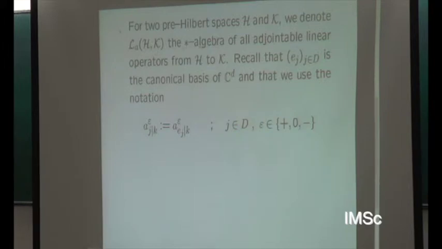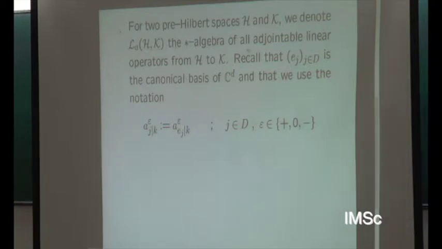Well, this is not a star algebra, because it's a star algebra only when H is equal to K. Of course, otherwise I cannot compose two operators if they have different ranges. But if H is equal to K, we have a star algebra, and the point is that not all operators are adjointable.